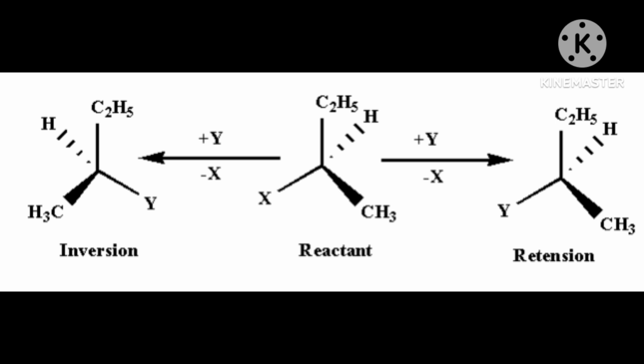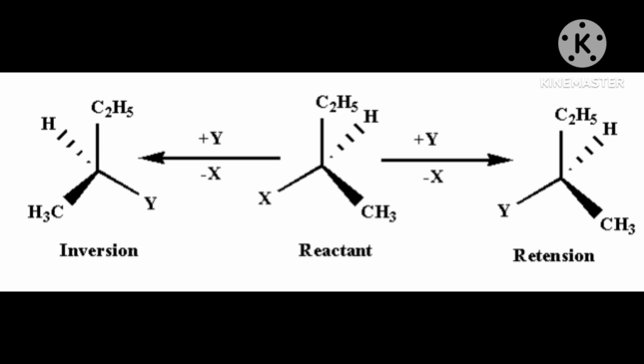Asymmetric means four different groups are attached to the center, tetrahedrally. Consider H going down the paper, methyl above the paper, and X and C2H5 on the paper.